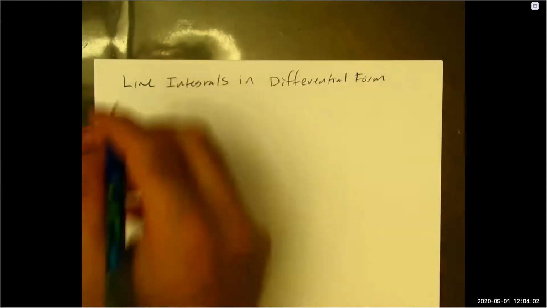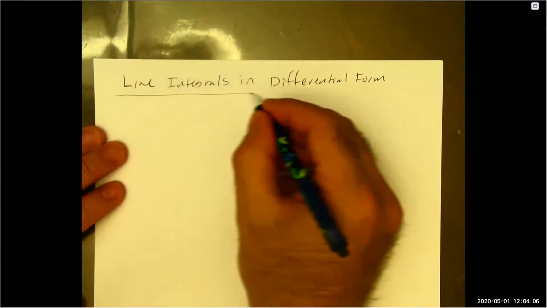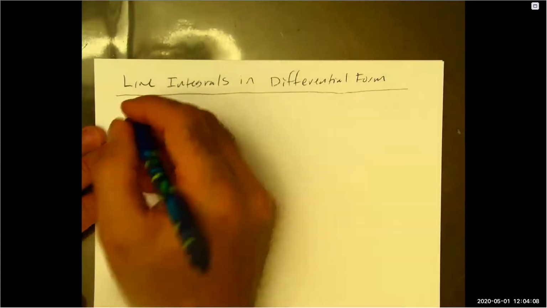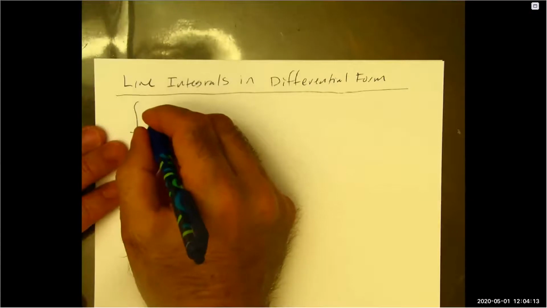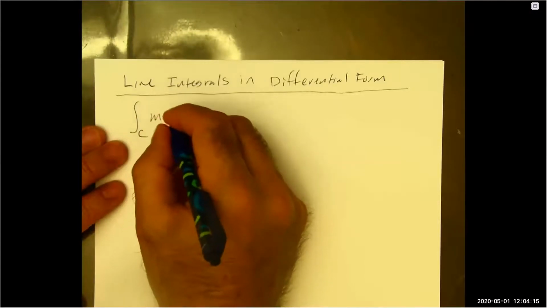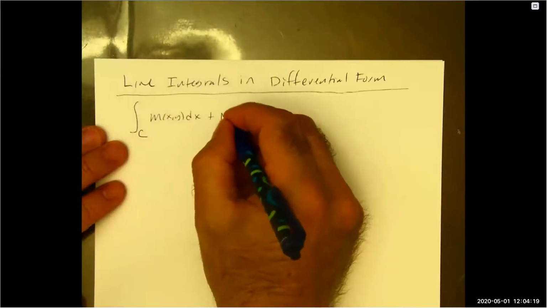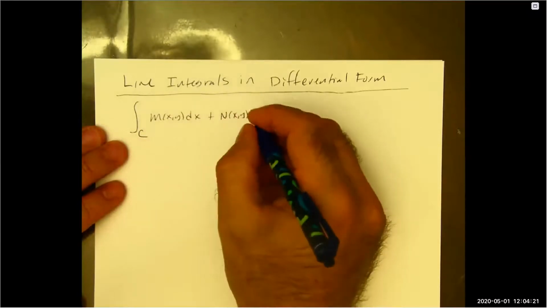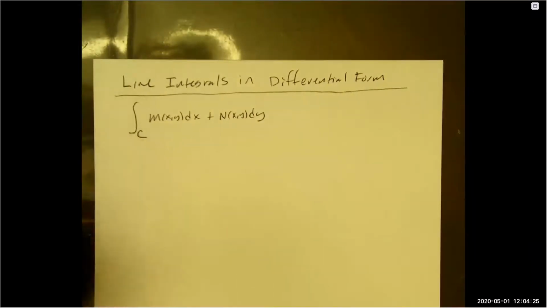And so what this is going to look like is you're going to have something like this. And so when we have a line integral written like that, it's in differential form.